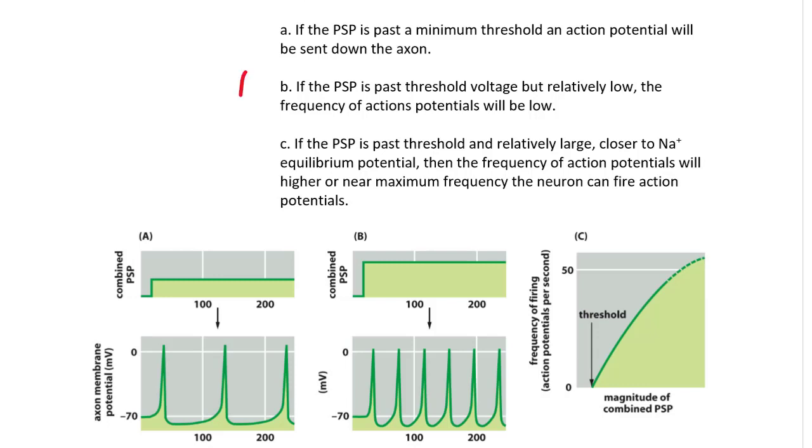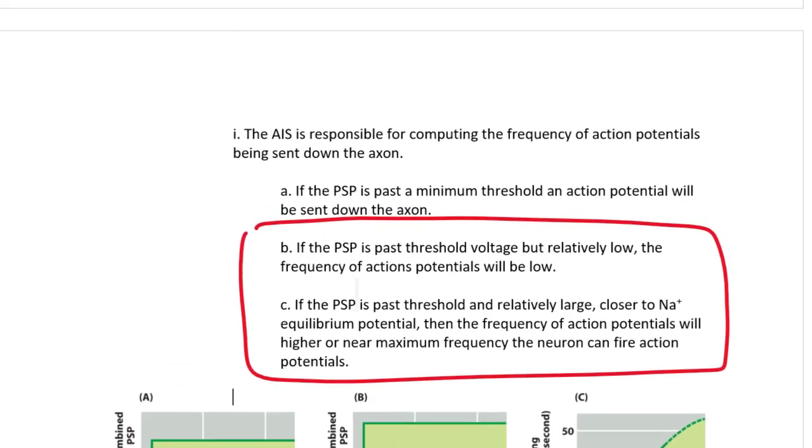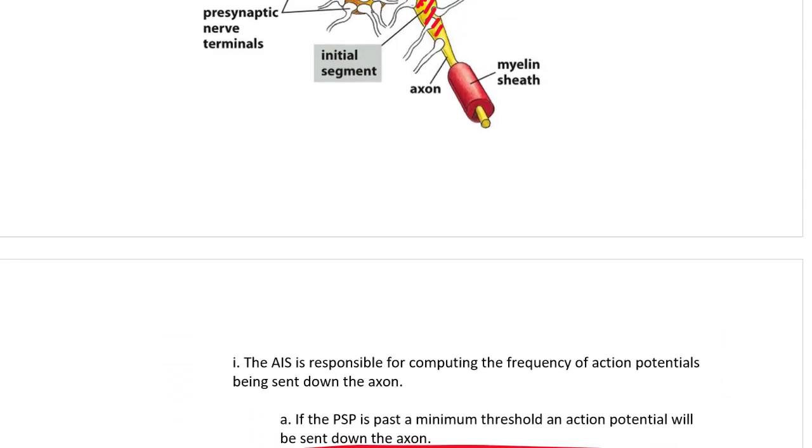Okay, so we're going to take this apart really quick. And we can do it right here. So we have said that a higher frequency action potential is a stronger signal. So a neuron has a maximum frequency it can fire an action potential.